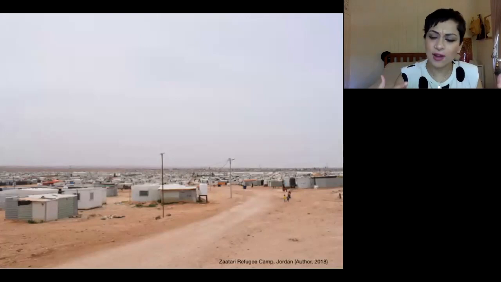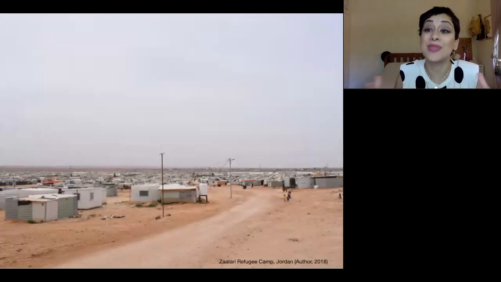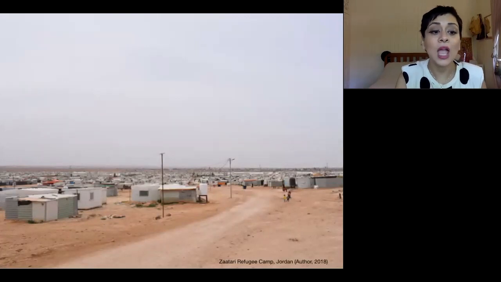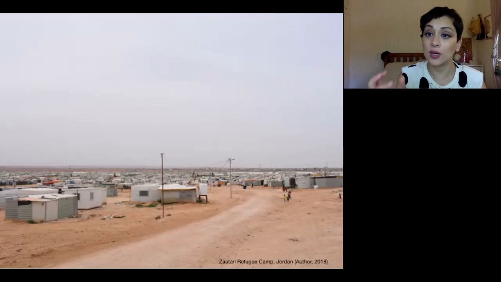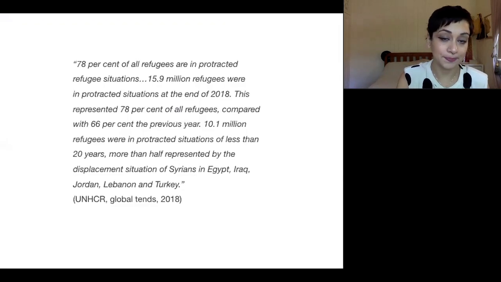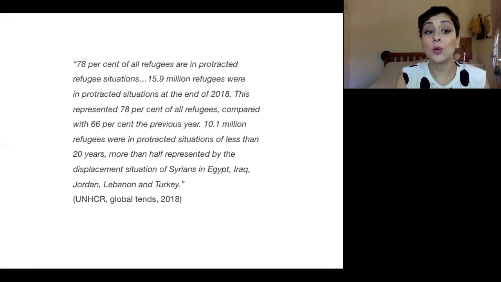It means that it's a very long stay and they have growing needs, and they transform those temporary shelters to something else. They amend the built environment in order to deal with their needs. Eventually, that transforms the temporary simple camp into a complex urban body or a refugee settlement. What we know is that 78% of all refugees are in protracted situations.